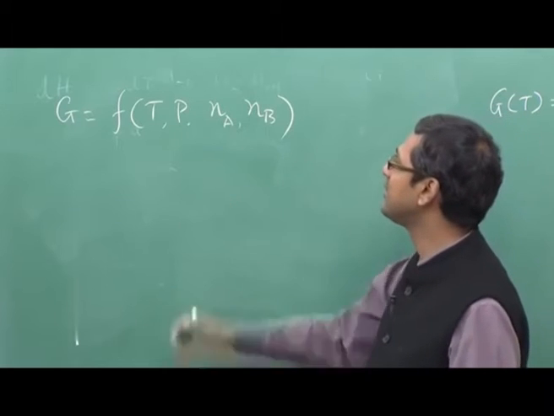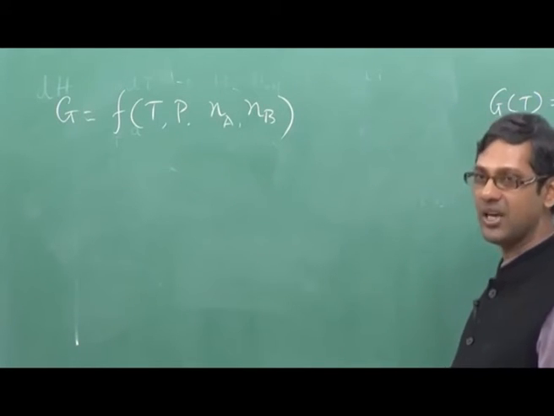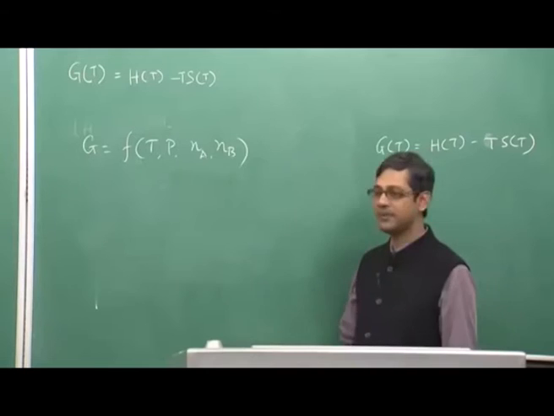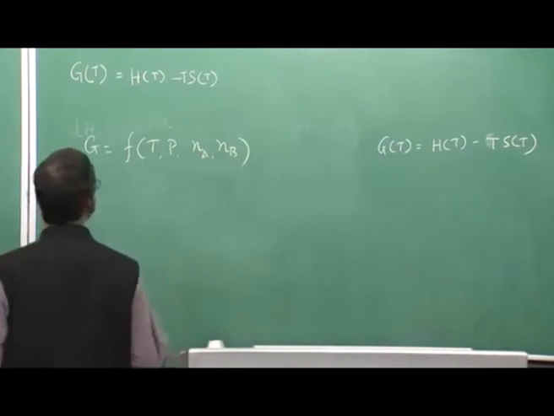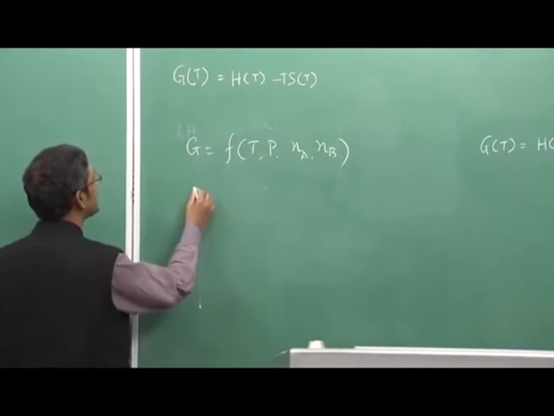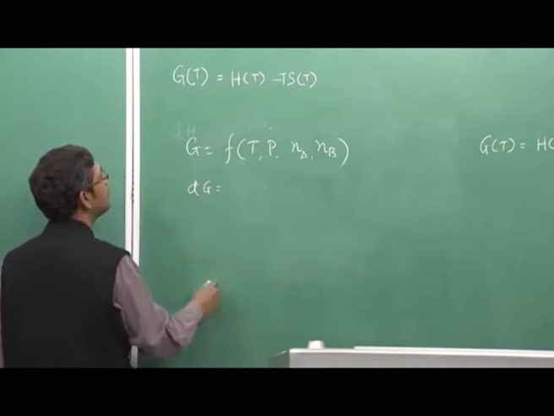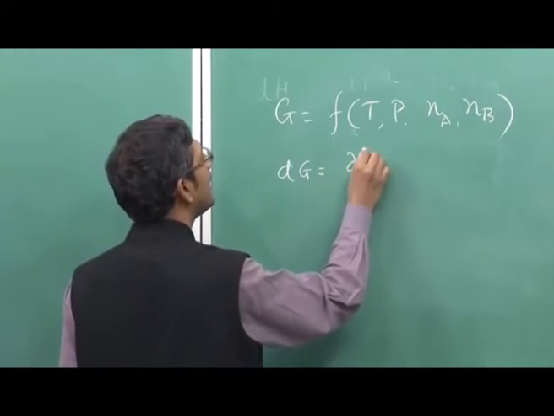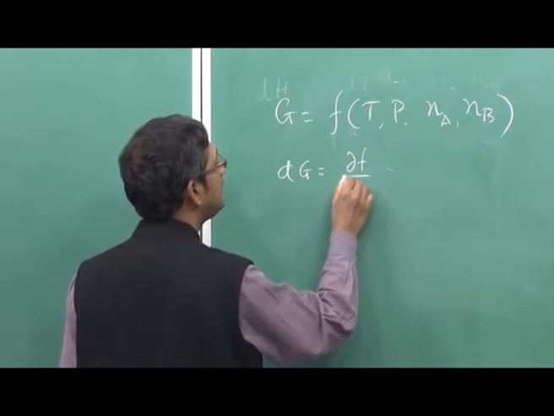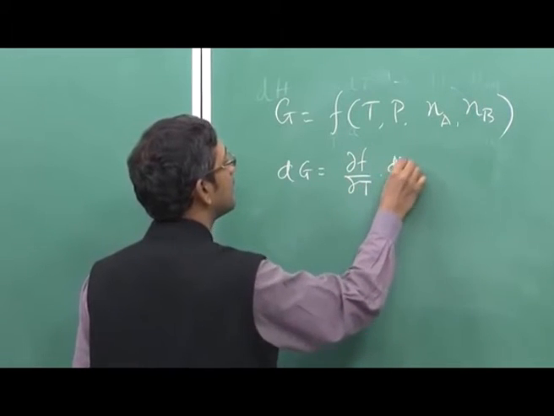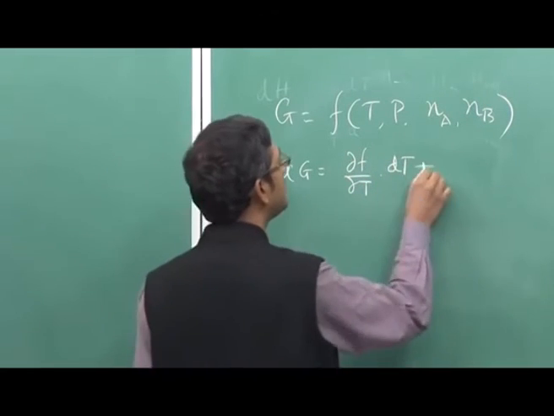So that means we have to now expand these things in terms of compositions. If I take a total differential of this, simple maths, dG is equal to simply dG by dT times dT, or this is the differential.